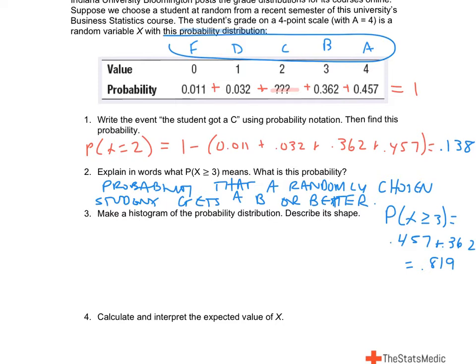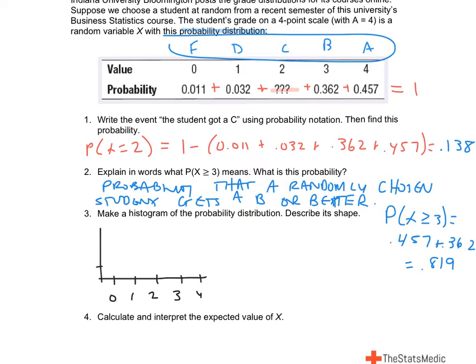Make a histogram of the probability distribution and describe its shape. So let's make ourselves a histogram here. On the bottom, we're going to put our values. What are our values in this case? Our values are 0, 1, 2, 3, 4. On the side here, we need to label.